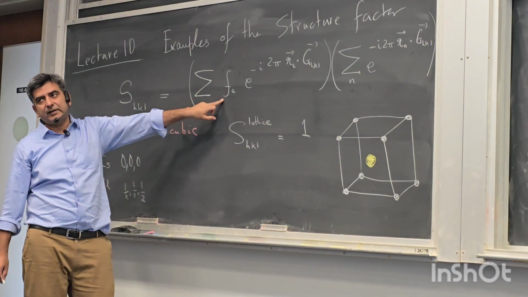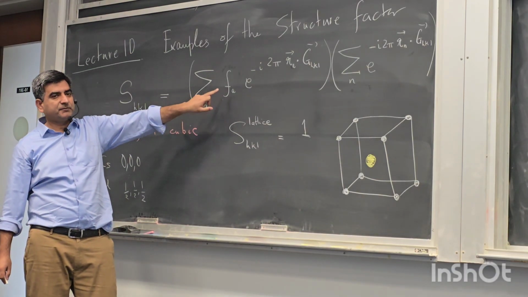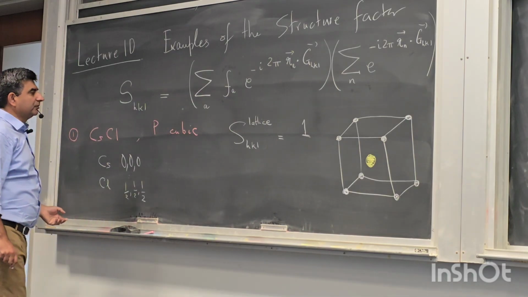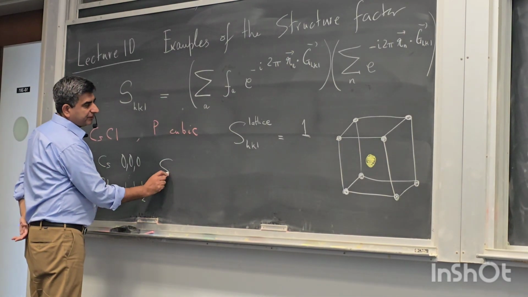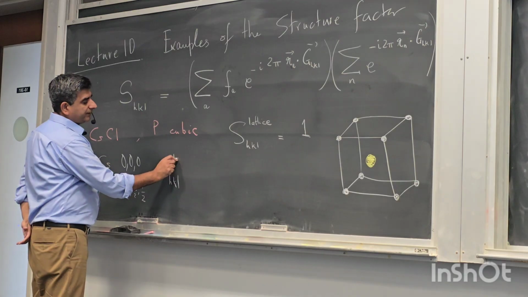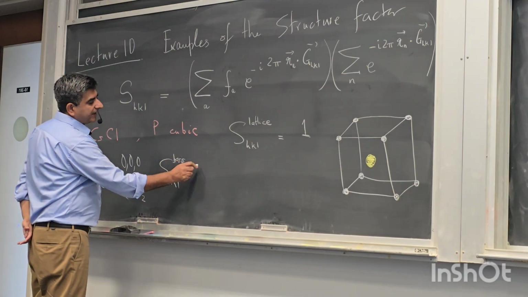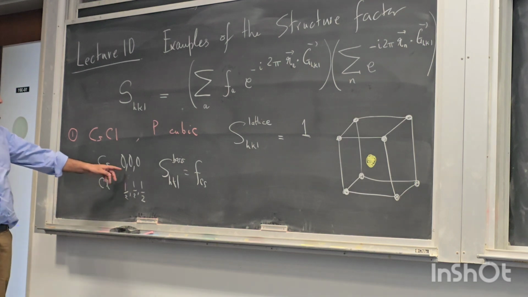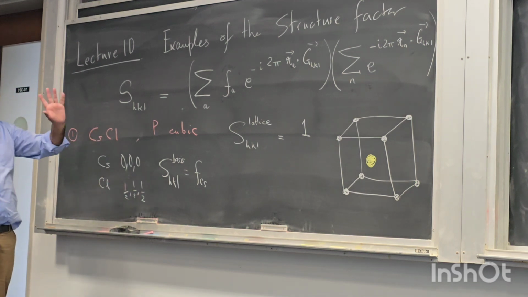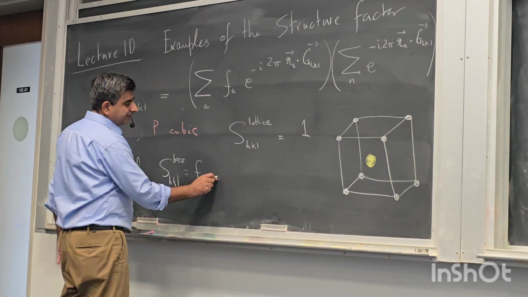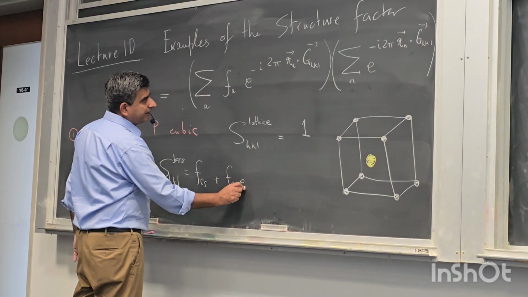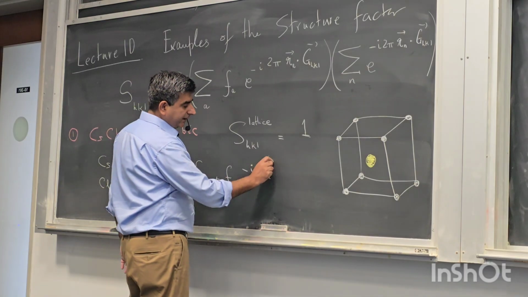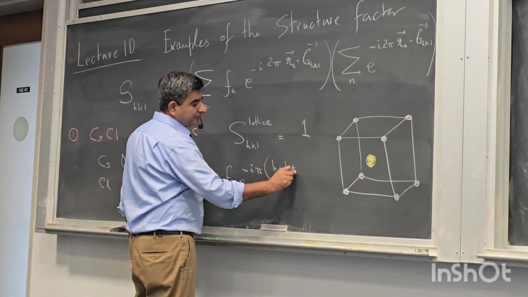Corresponding to cesium we will have an atomic scattering factor for cesium, and for chlorine we will have FCl. So the SHKL for the basis becomes FCs, you put in zeros, you get 1, plus FCl e to the minus i pi (H plus K plus L).